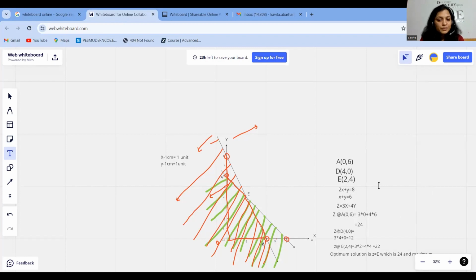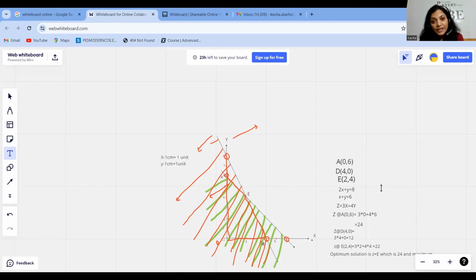So this is your feasible region and these are the points of intersection for that particular feasible region. Now we are going to find our optimum solution. Optimum solution means, in your objective function, it is the maximum value of z at x and y.